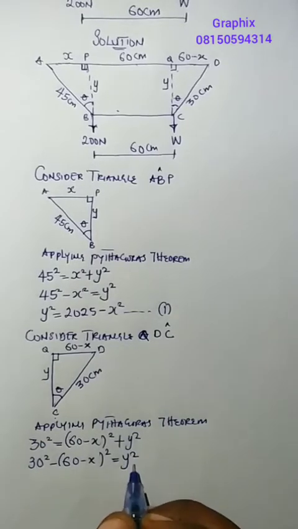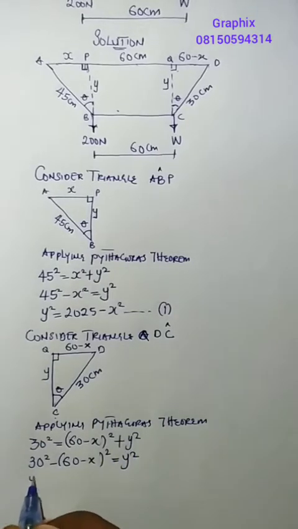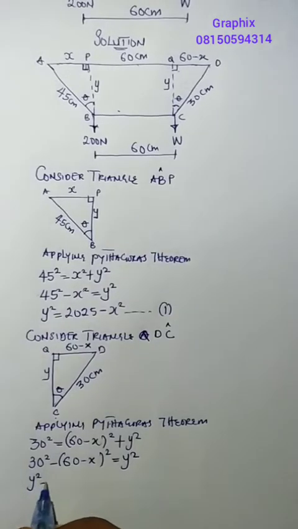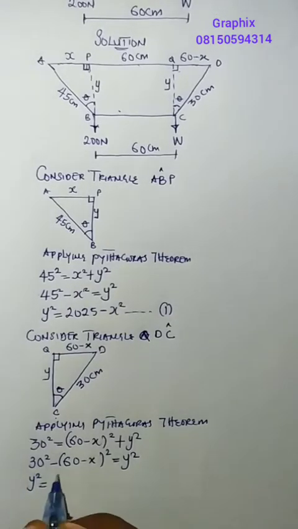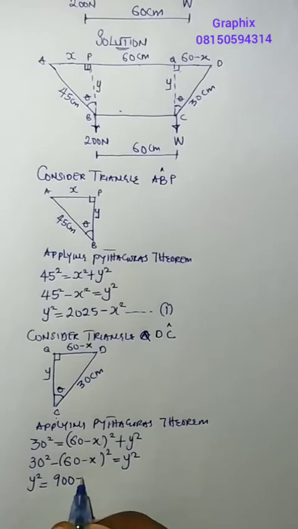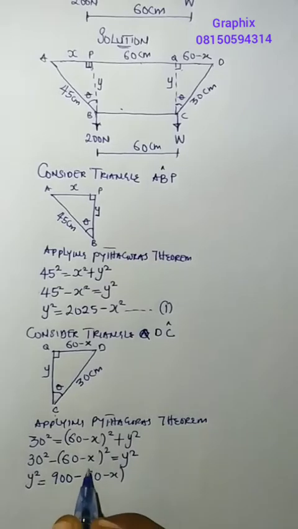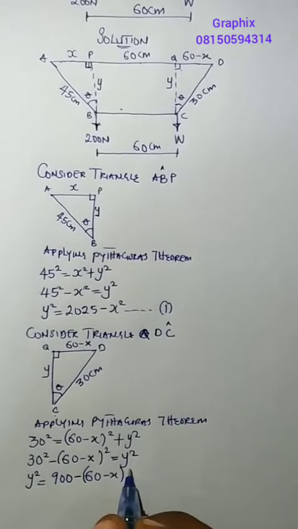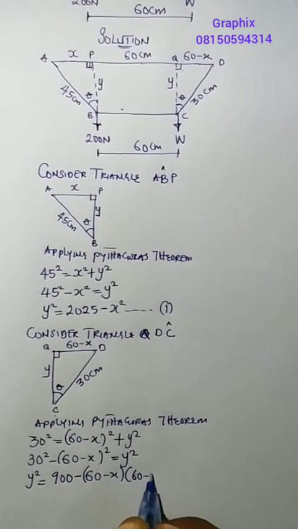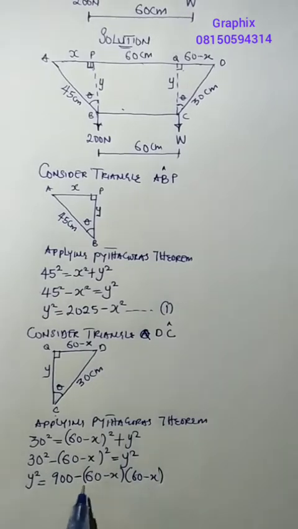Y squared. So which I can write as saying y squared is equals to 30 squared is 900 minus what? Bracket 60 minus x. So this is the expansion of this.